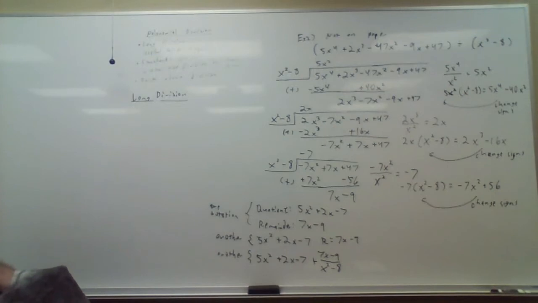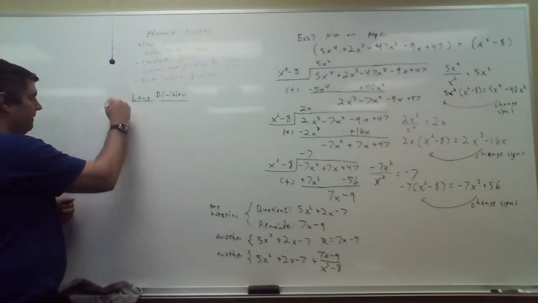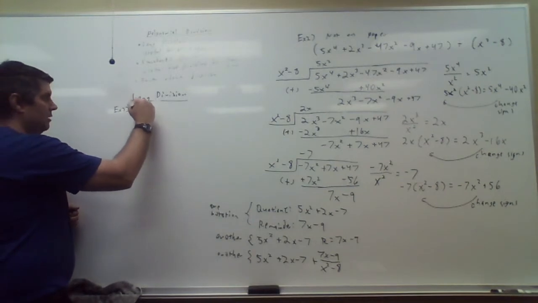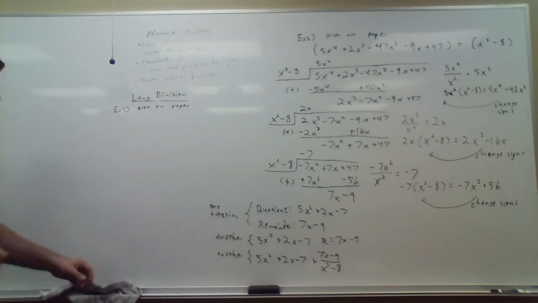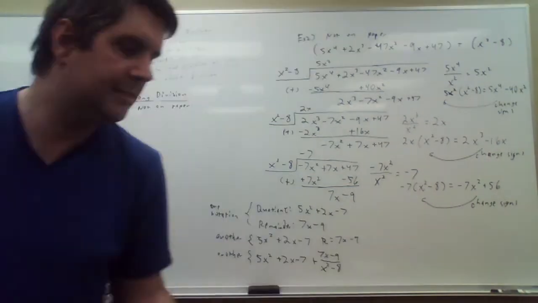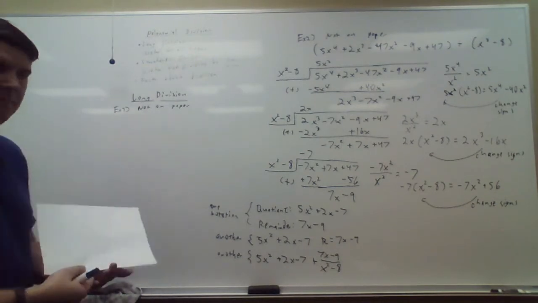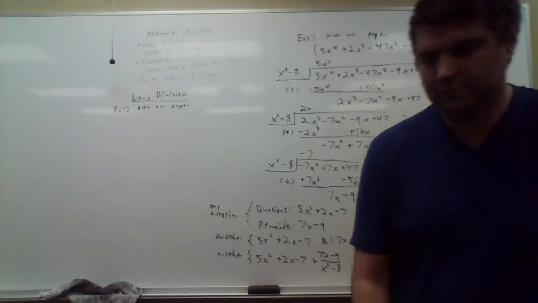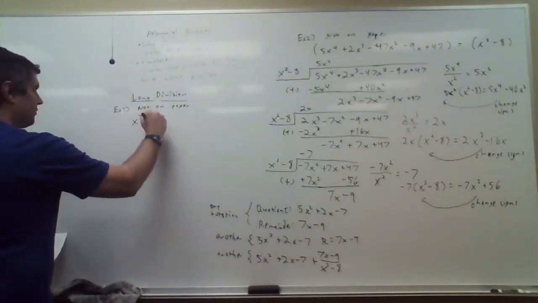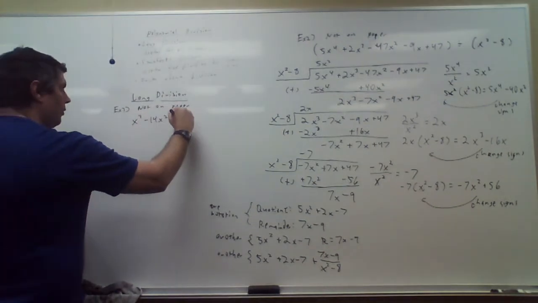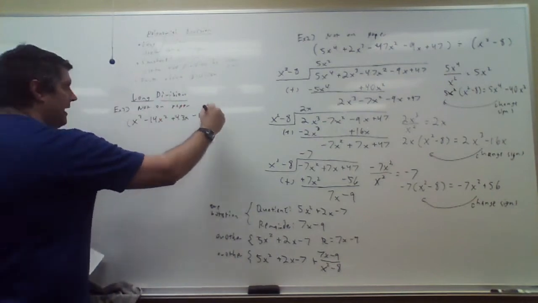All right, so let me get this one off the board, and we're going to do an example 3. Not on paper. Example 3, not on paper, is, I have it, you don't. X cubed minus 14x squared plus 43x minus 12, and we're going to be dividing by x minus 4.